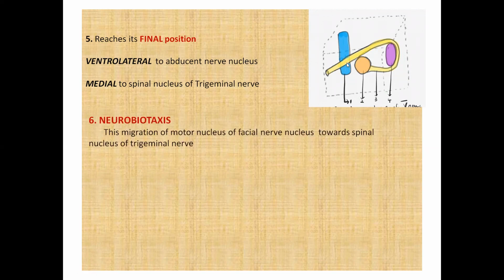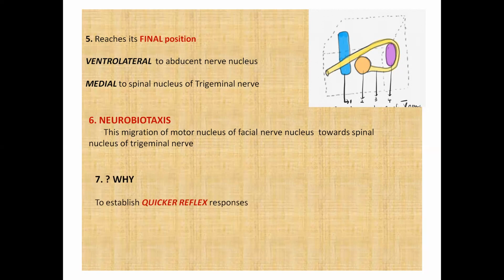This important phenomenon is called neurobiotaxis. The movement of the motor nucleus of the facial nerve around the abducent nerve nucleus to reach in close proximity with the spinal nucleus of the trigeminal nerve is called neurobiotaxis.